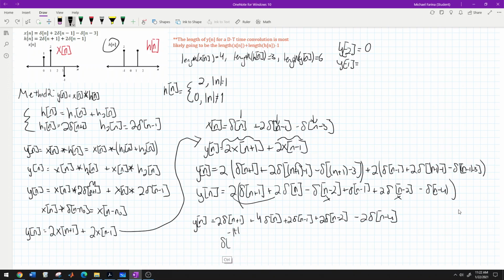Let me write that out real quick. 2 delta of minus 1 plus 1 is equal to 2 delta 0, which equals 2 times 1, which equals 2. So this is going to be 2. And then y of 0 is going to be 4 times 1, so we get 4. And like in the previous video, we end up with all the same points.